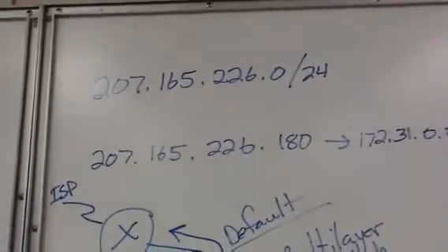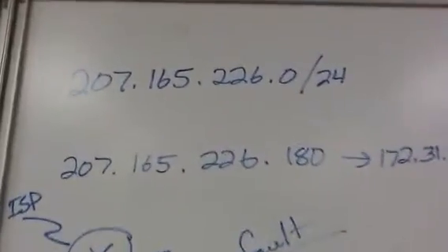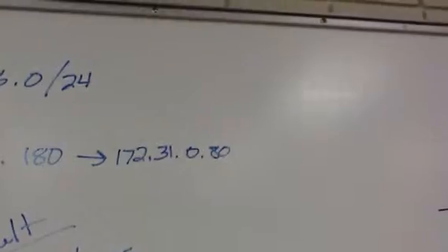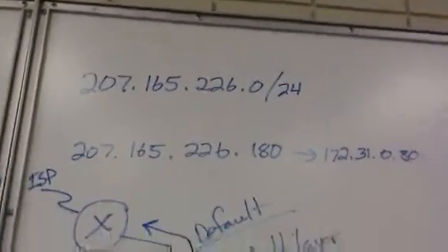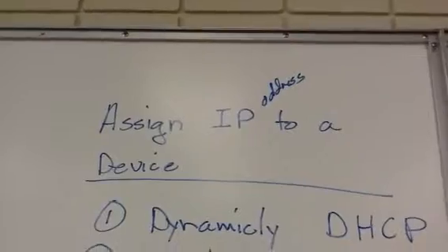Then we moved over and we did some other examples. We talked about public address. And we talked about a range, an example of a public address here at the college, and a private address that matches with that, and then we do a static NAT assignment for that. Assign an IP address to a device.